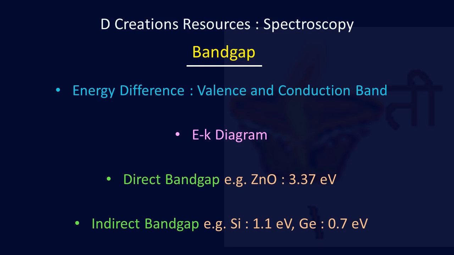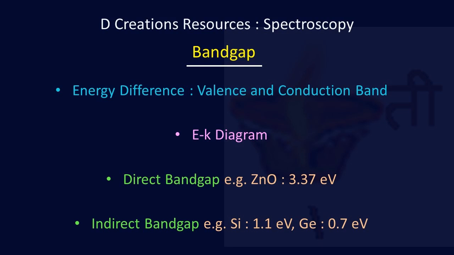Germanium has an even smaller band gap, of the order of 0.7 eV, to be more precise 0.67 electron volt. There are also wide gap semiconductors like gallium nitride or zinc oxide. Zinc oxide has a band gap of the order of 3.3 electron volt. So as you can compare with silicon and germanium, it's way larger.